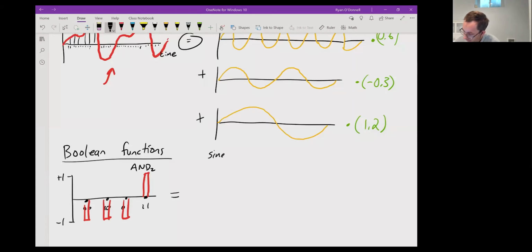And these sine waves get replaced by XOR functions.